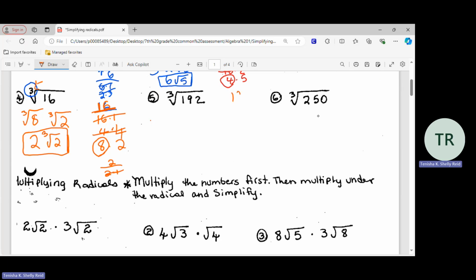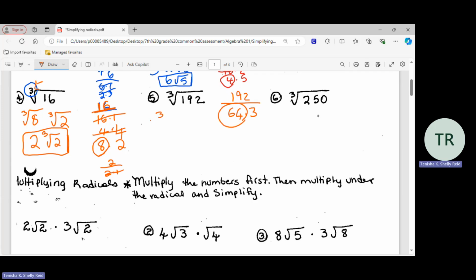And that's 192. So again, factors of 192. Let's see what we got. 8, 64 and 3. So if I look, I think that's it. 64 times 3. 64 is the cubed root.